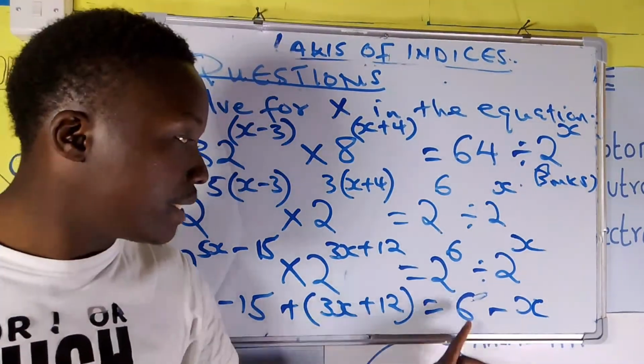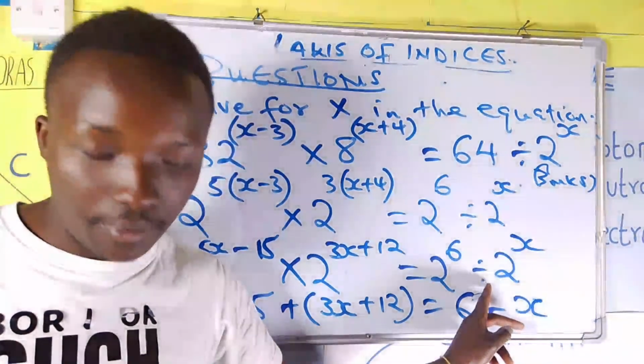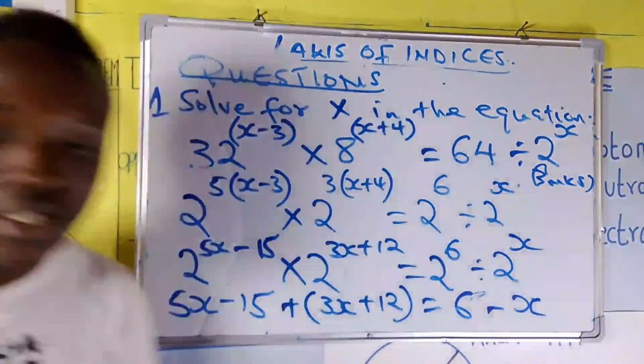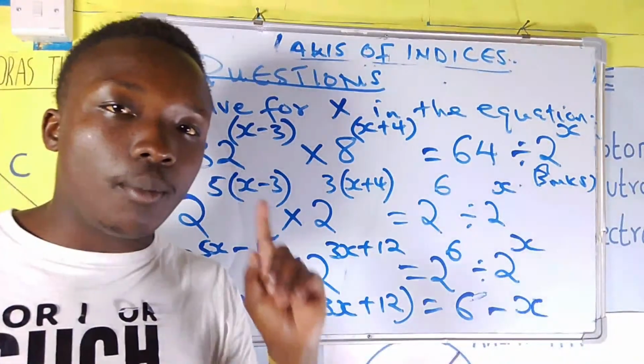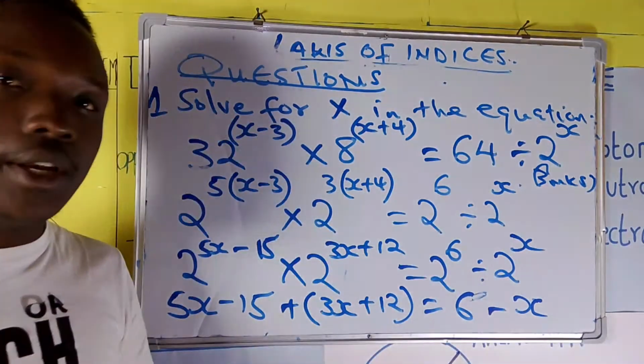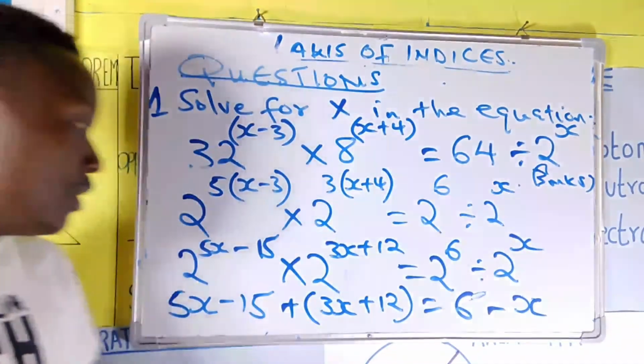Why 6 minus x? Because here it is a division. So it is not a must you have a separate question on multiplication and division. Both of them can be incorporated within one question, and you can be expected to solve such. So let's proceed.